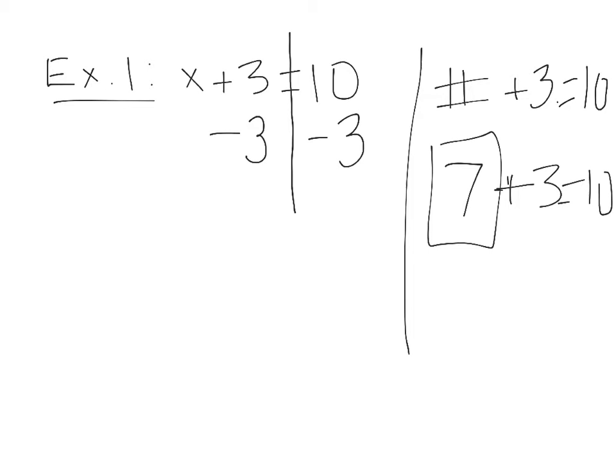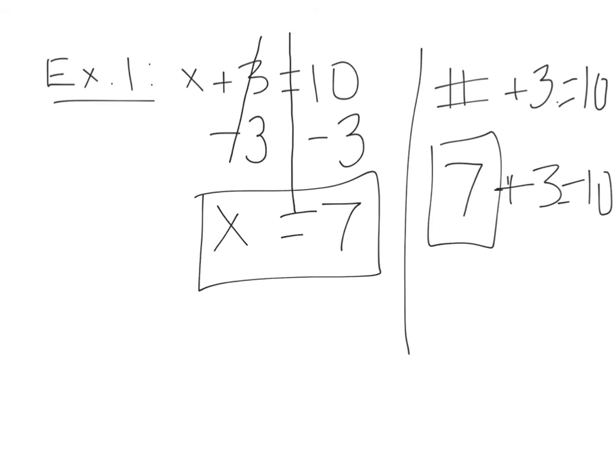So the opposite of adding 3 is subtracting 3. That kind of undoes itself, and we're just left with x on the left-hand side. And on the right-hand side, I have 10 minus 3, which makes 7. So it's just another way of getting to that answer, right? 7 plus 3 makes 10, so it makes sense as my answer.